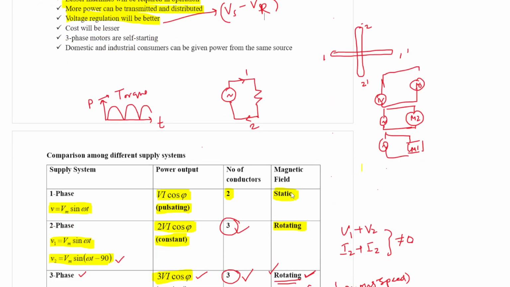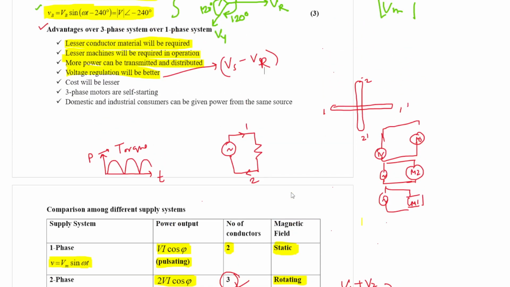For our system, if we use a lesser number of conductor materials, then lesser voltage drop will be there. So Vs and Vr will be closer to each other. Why is there a difference, Vs minus Vr? This difference is basically due to voltage drop.